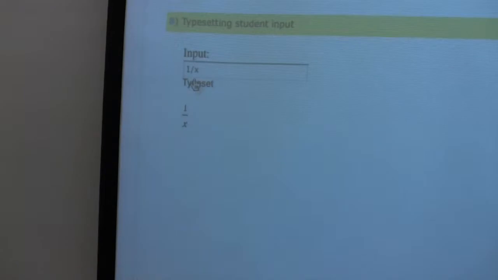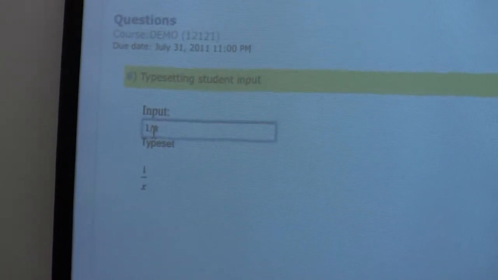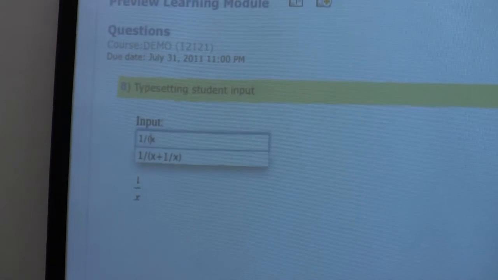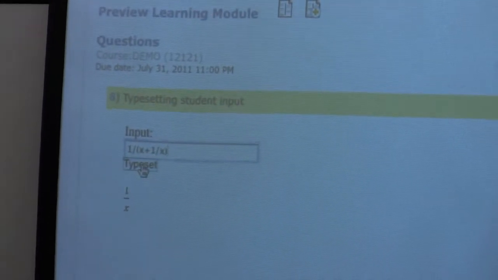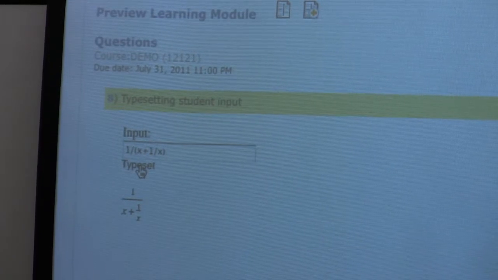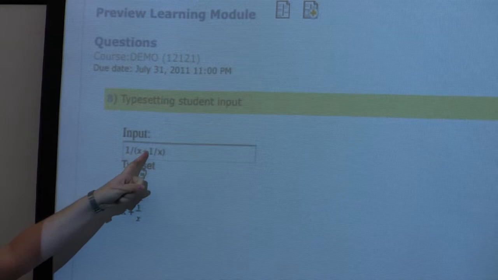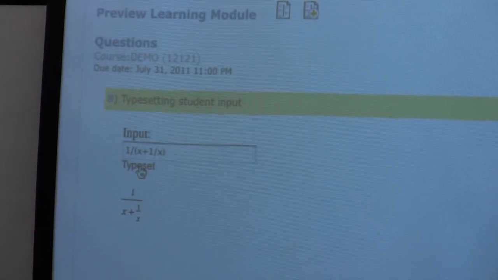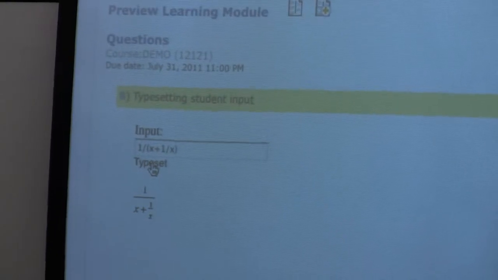So now change 1 over x to 1 over x plus 3 or whatever. Oh look, I was messing with this earlier. So we can have something like this that has 1 over, it's kind of small, 1 over x plus 1 over x in the denominator, and we typeset that so that it looks like something that's a little bit more natural for a student to look at.